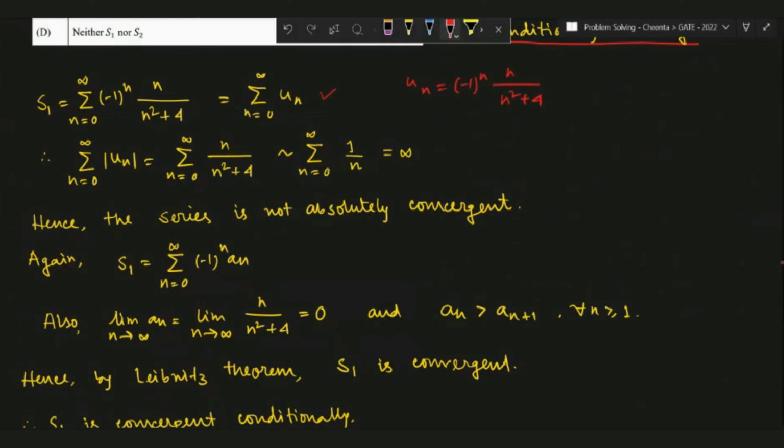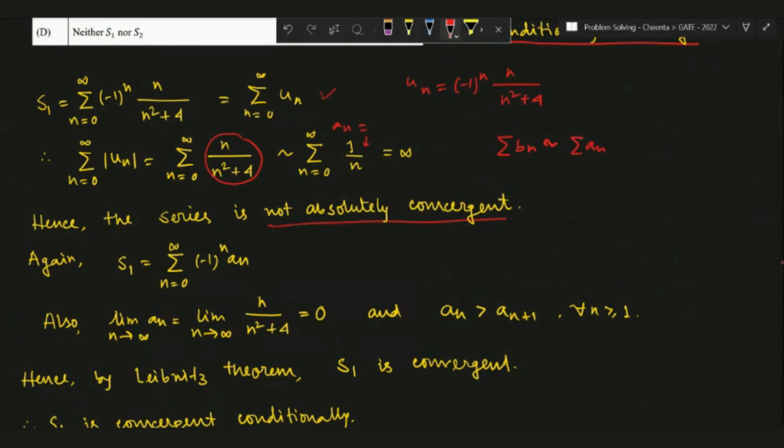And from the equivalence test, that is if summation bn is equivalent to summation an, then if an is convergent, then bn is also convergent, and if an is divergent, then bn is also divergent. So here an is the series 1 by n, it is divergent, and you can say that the series summation n by n square plus 4 is also divergent. So the series S1 is not absolutely convergent here.